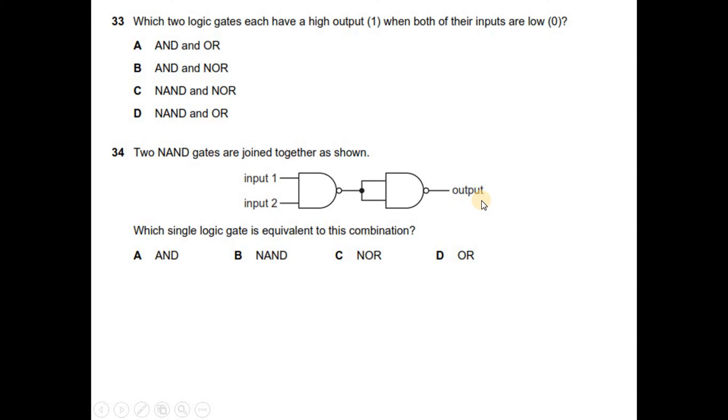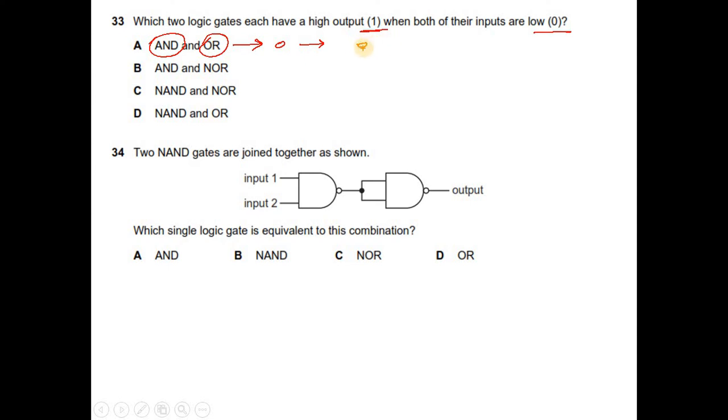33. Which two logic gates each have a high output when both of their inputs are low? Remember, you have a high output when each of the inputs is 0. For an AND gate, if both inputs are 0, then the output is always 0.